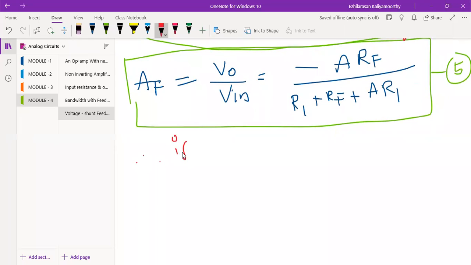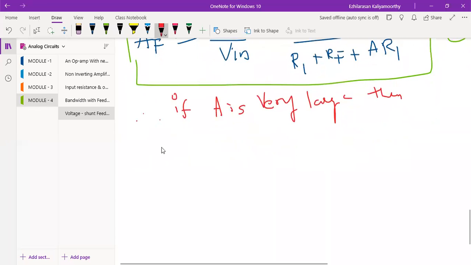Normally the gain of the operational amplifier, that is A, is very large. If A is very large, then AR1 also is very large.